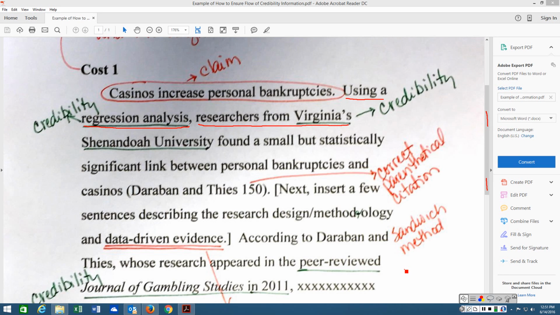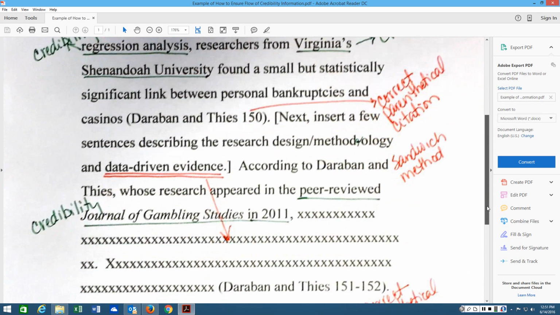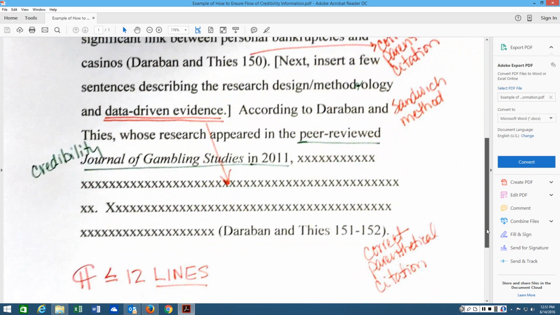The sandwich method shows that you start your sentence with the names of your authors, Darabont and Thies found, or according to Darabont and Thies, whose research appeared in a peer-reviewed journal of gambling studies. This is another way of establishing credibility for your particular article or research project. And so those are ways of integrating that credibility information without making it seem very disjointed.